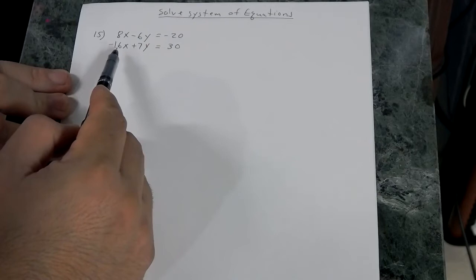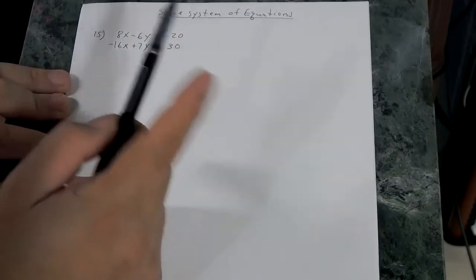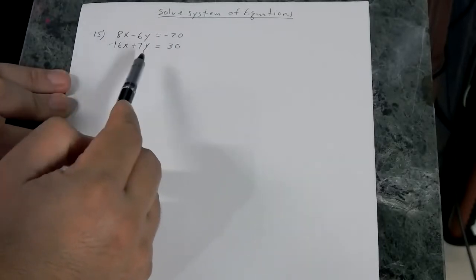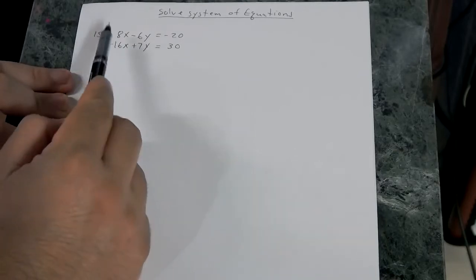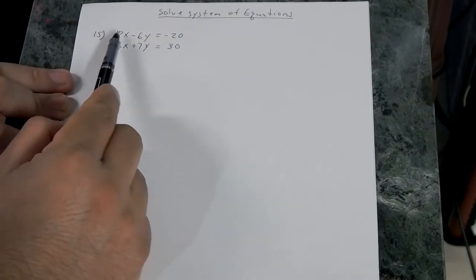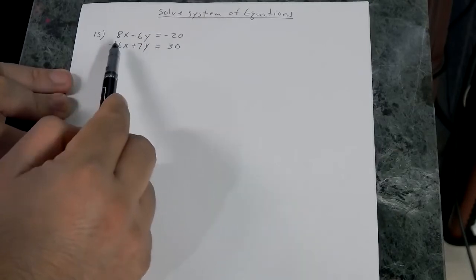Sometimes there's easier ways of doing this. In order to cancel, first and foremost, the number at the top and number at the bottom have to be the same. And second of all, one has to be positive, one has to be negative. So if I multiply the top by 2, I will get a positive 16x and I have a negative 16x.